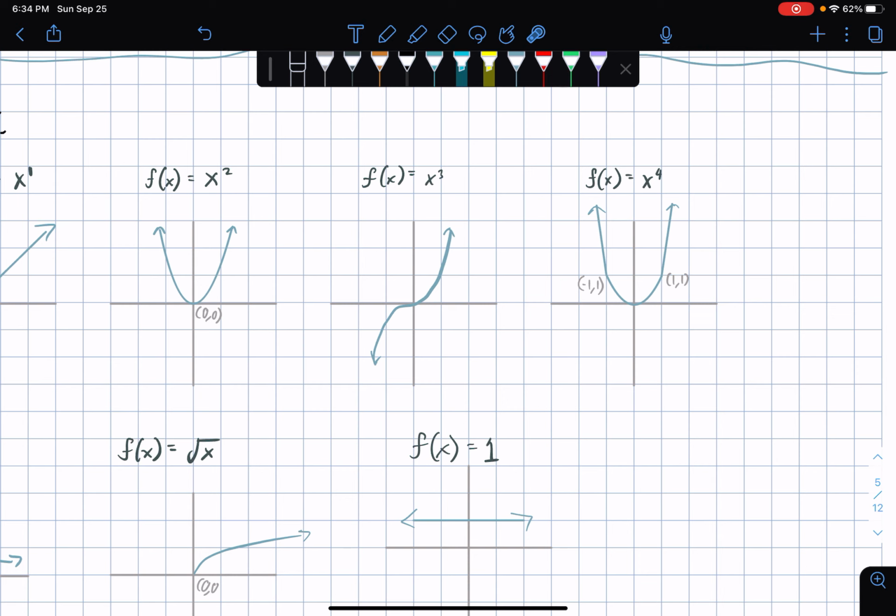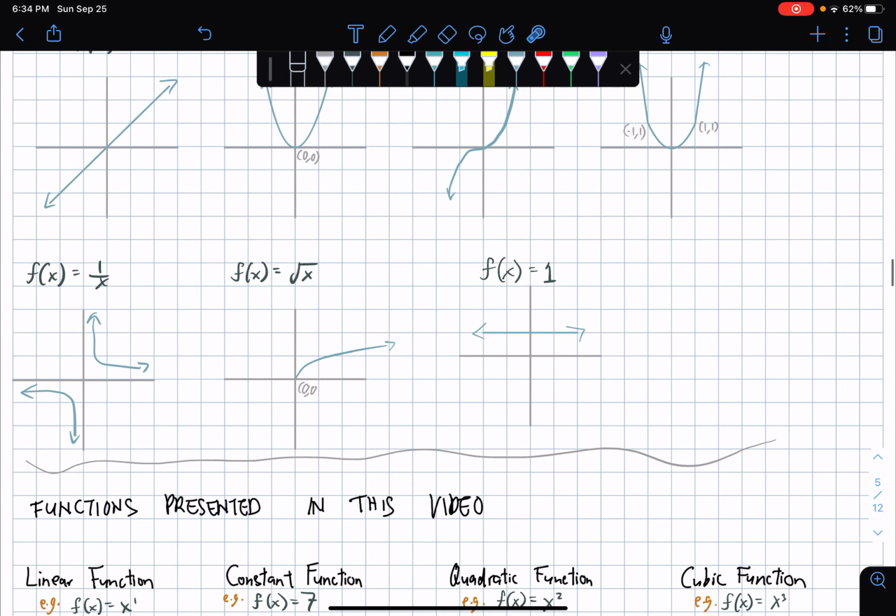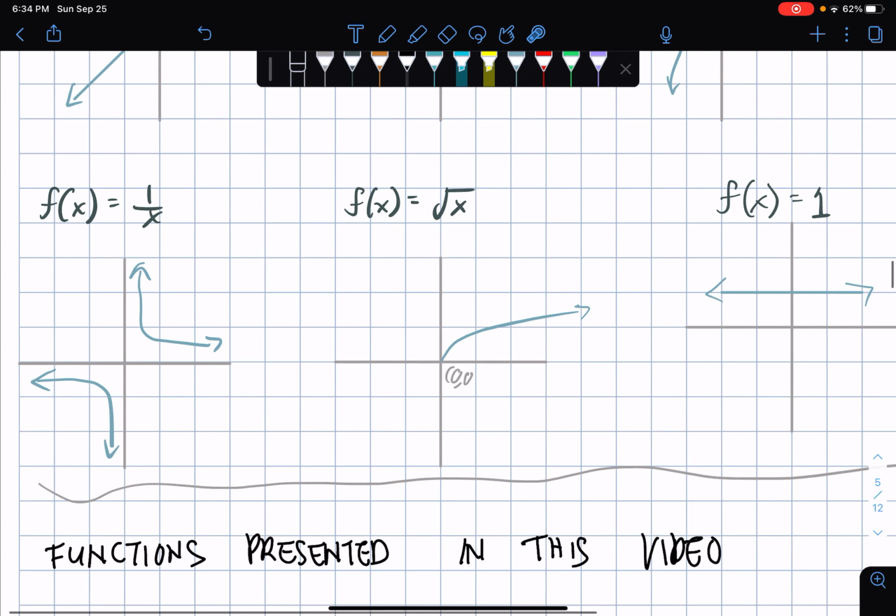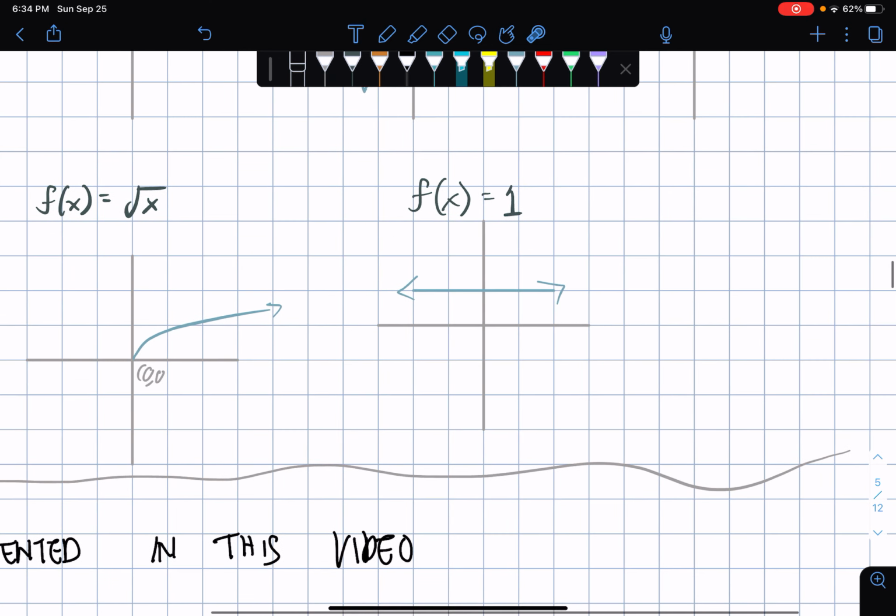You have to ponder the more specific differences between x raised to 2 and x raised to 4, such that they're functions. So for rational functions, you get something like this. For root functions, you get something like this. And for constant functions, this is one of the easiest.